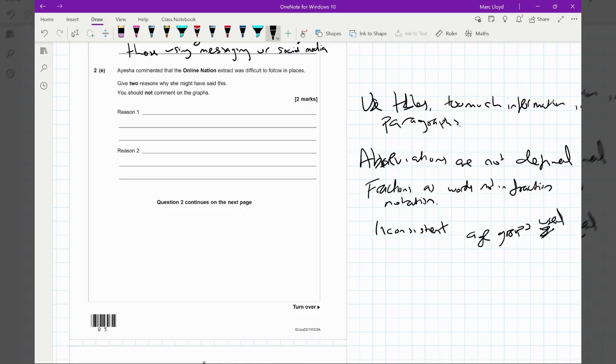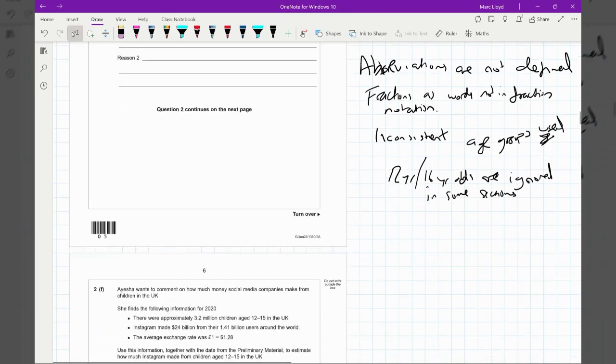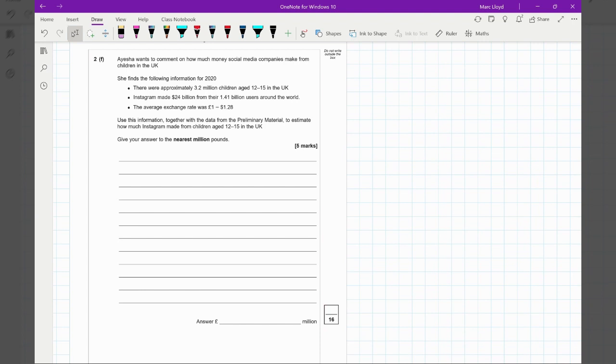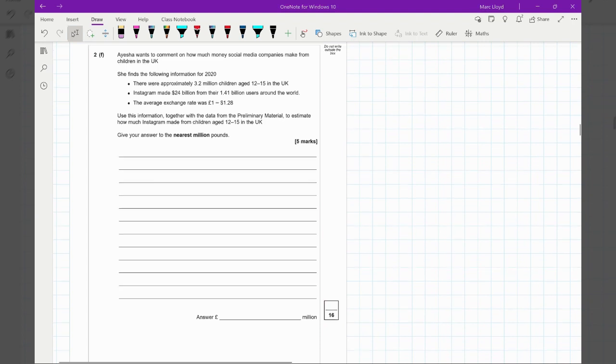And then it also says 12-year-olds to 16-year-olds are ignored in some sections. So lots to pick up on, lots to sort of critique from that. Okay, I've got to be quick now because we've only got 5 marks and I've got 4 minutes to do it. So I'm just going to pause the video and have a read.